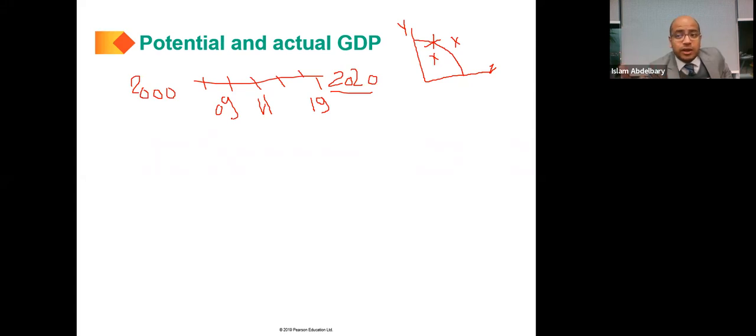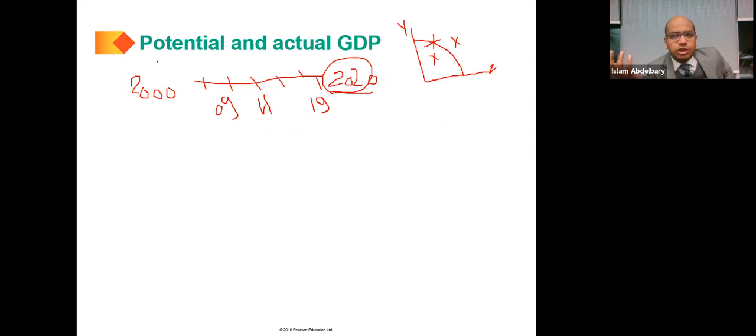So what is the third way? The best way, and of course the hardest way, is to compare each year to itself. How? By comparing the potential and actual GDP for each specific year. So for instance, in 2020, I will first measure the potential GDP for Egypt.